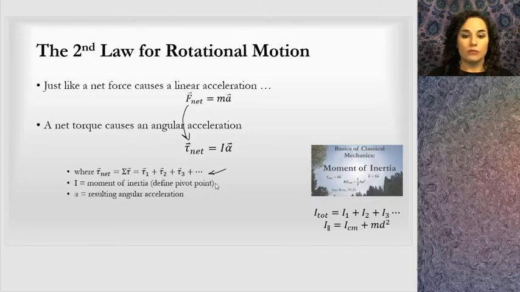We have a moment of inertia, which I had covered in a previous lesson, and you can refer back to how to find a total moment of inertia or how to use the parallel axis theorem in order to find the moment of inertia for an object that isn't being rotated about its center of mass, but some distance d away from the center of mass. When I consider those things, I will get the acceleration of a rotating object.